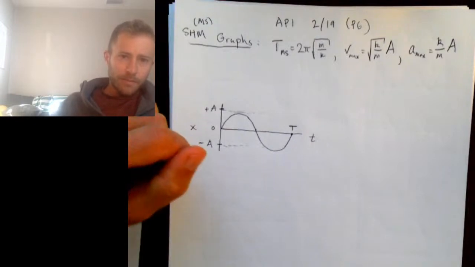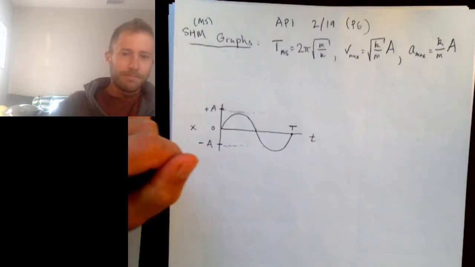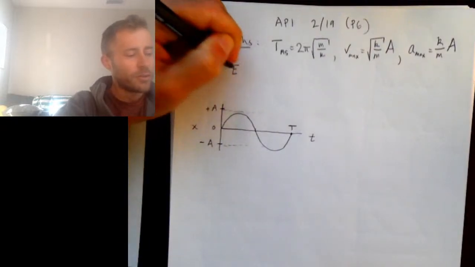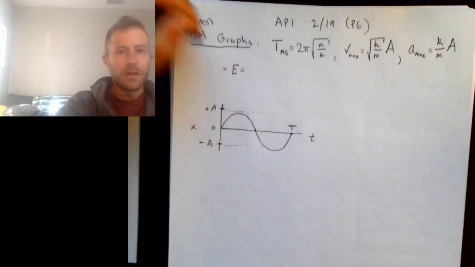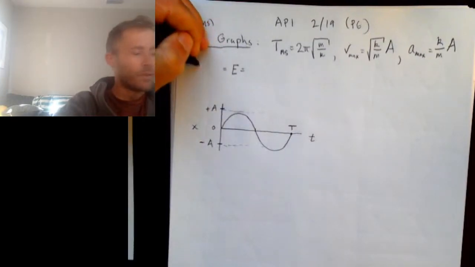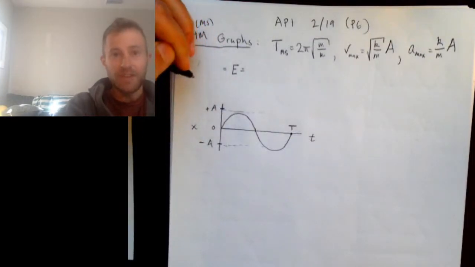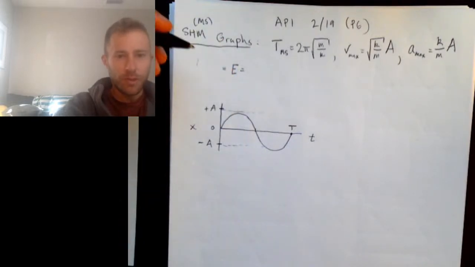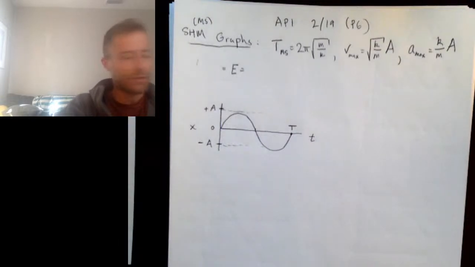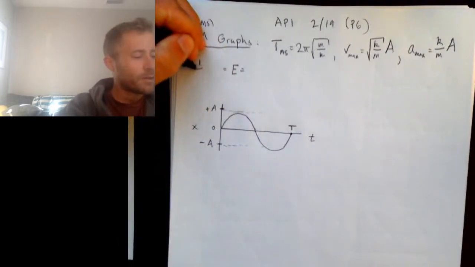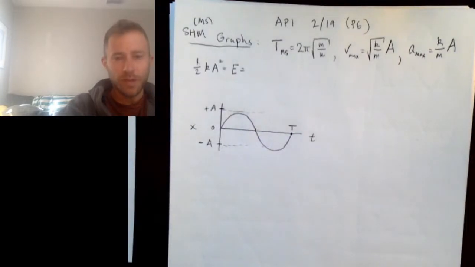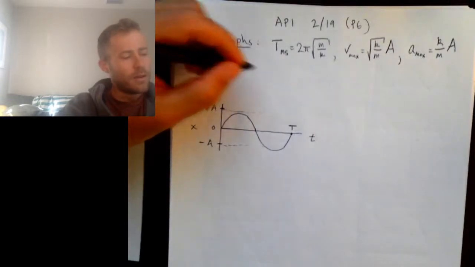We learned a couple of equations for the energy, but we're only going to use two of them. One of the formulas for energy comes from evaluating the energy at the extreme point. At the extreme point, the energy is entirely elastic potential, so we got an equation for the energy of 1/2 k A squared.